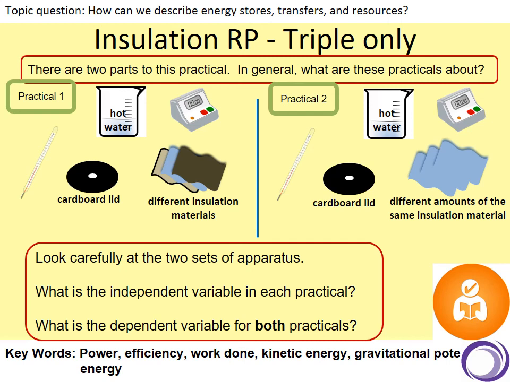Okay, so hopefully we've thought about why I've got a cardboard lid. The cardboard lid we'd put on top of the beaker. You'll notice there's a little hole there for the thermometer to go through, and that's to stop the energy transfer into the surroundings, to reduce that as much as possible. That way, when we are plotting the results for this practical, it'll be a little bit more accurate.